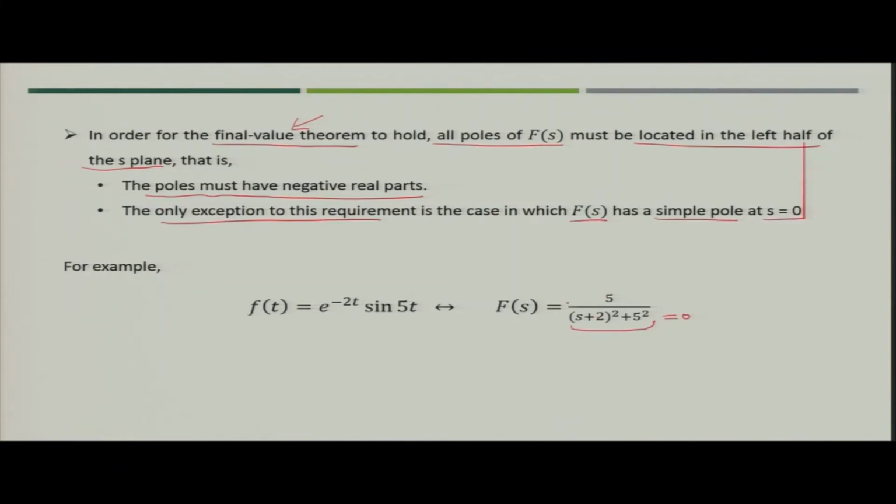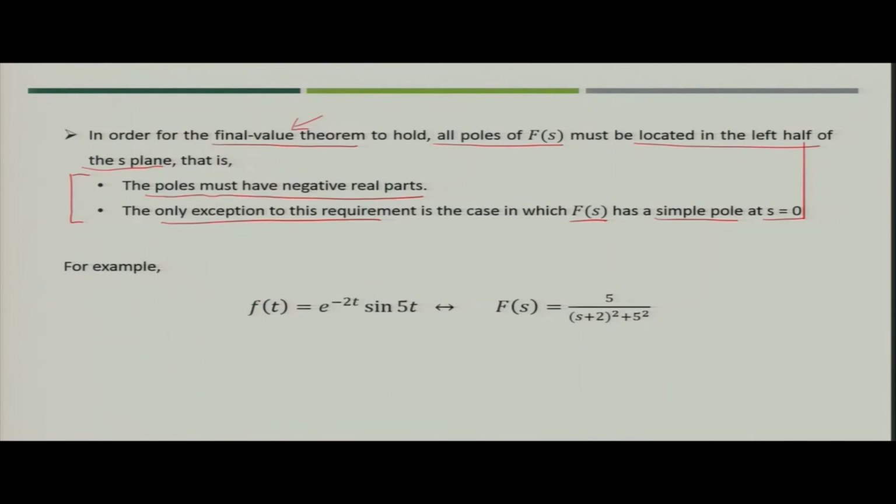That means if this expression has another component like 1 by s, then you will have one pole at s equal to 0. So, that is the only exception. These two things you have to always keep in mind when you are asked to find the final value of the function f(t), that is f(infinity).